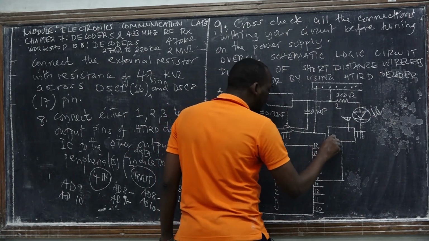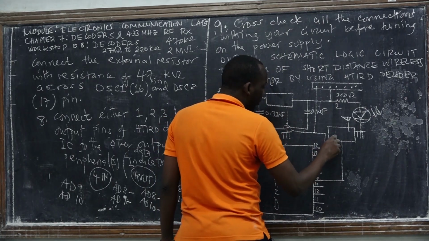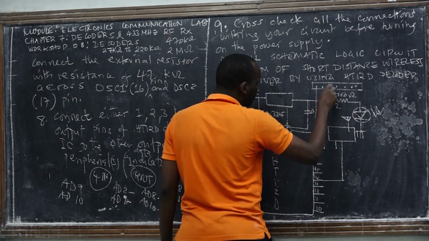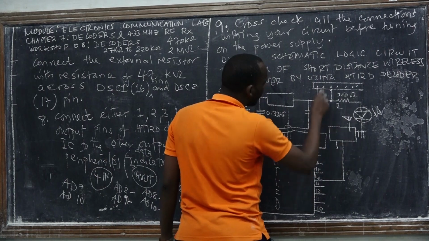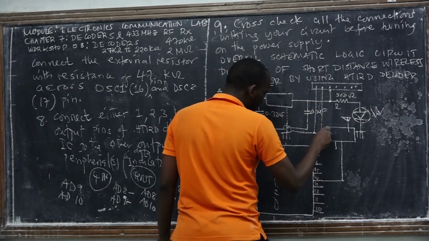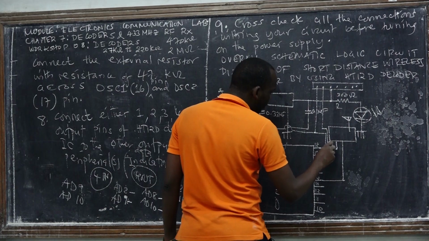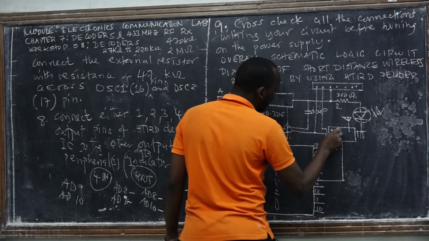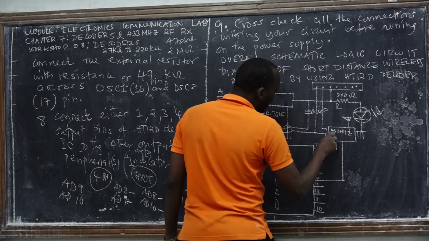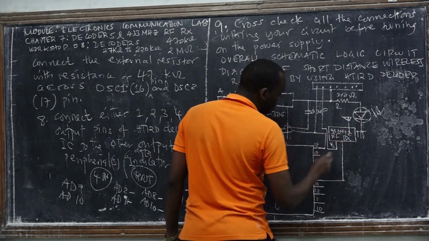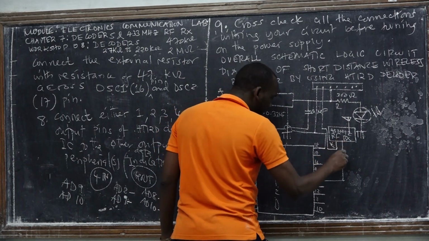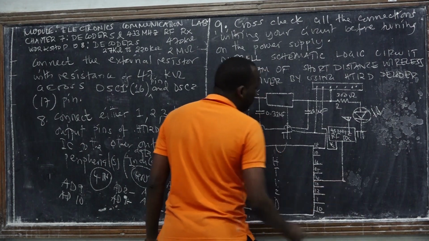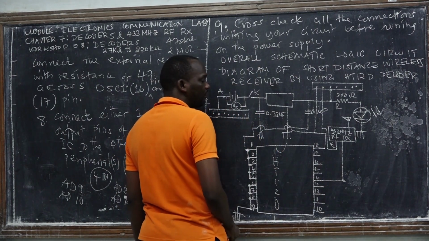It has 4 pins. One pin is for power, so you can take power from this point and connect it to the power pin. We call this the VCC pin. This is the 433 megahertz RF receiver. This is the one that will be receiving the binary code from the short distance transmitter.